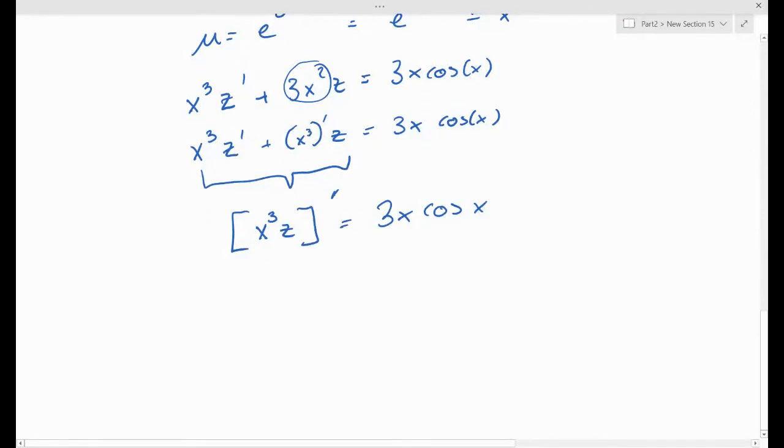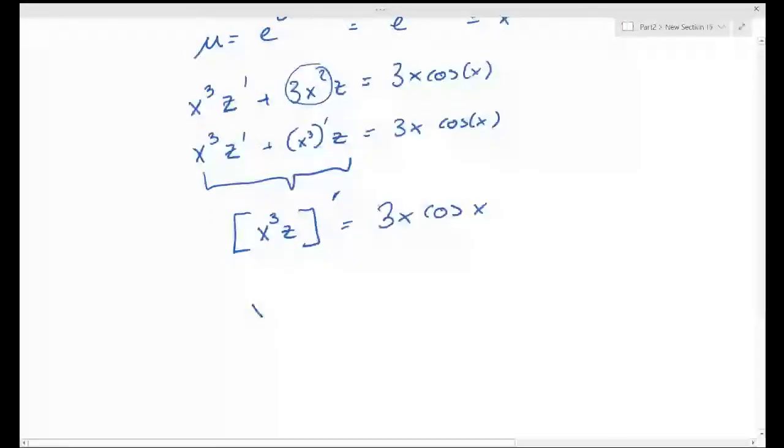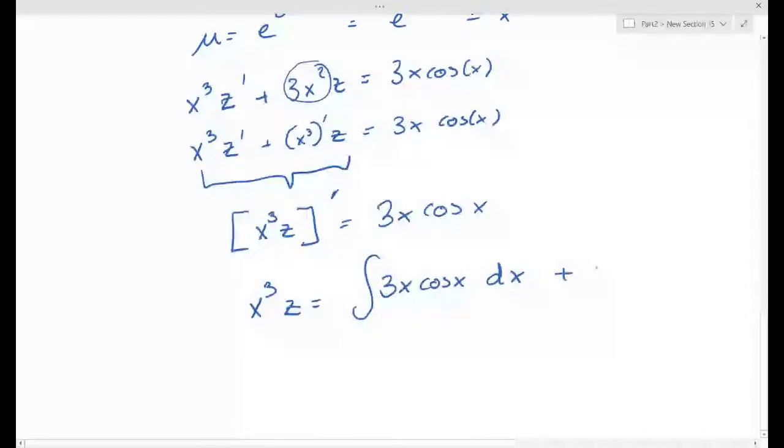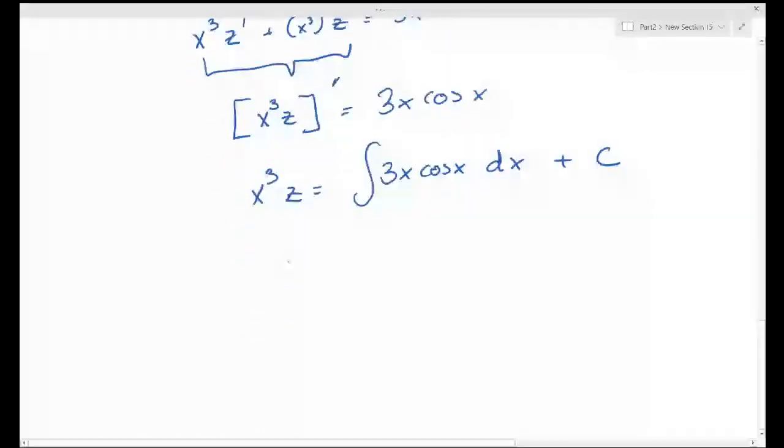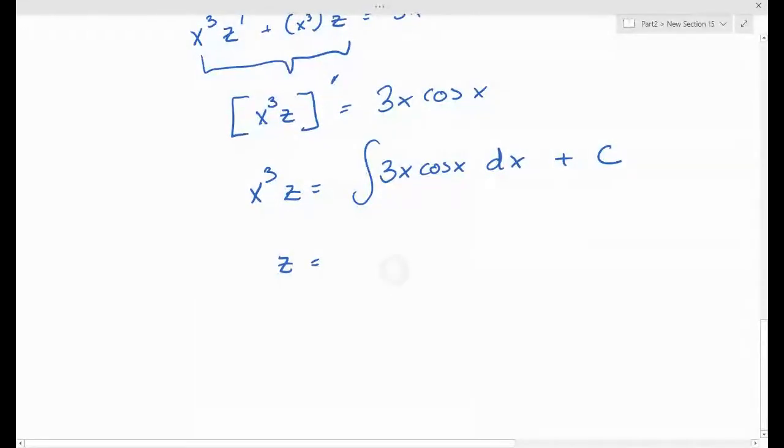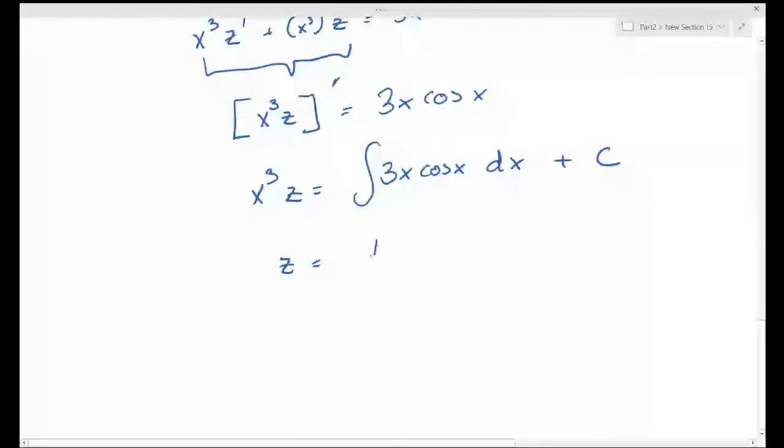We get rid of the derivative by integrating both sides with respect to x. These things are going to be equal up to a constant of integration. And then lastly, we solve for z by dividing by that integrating factor.